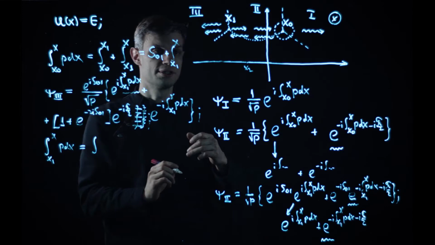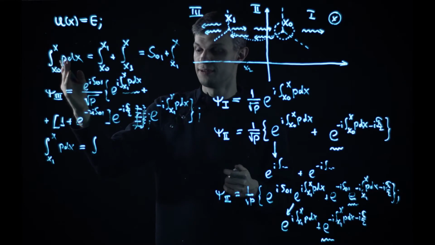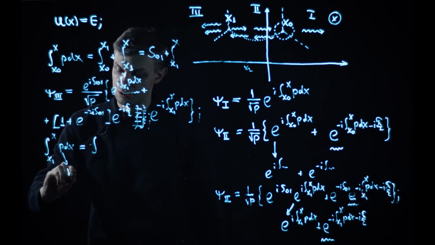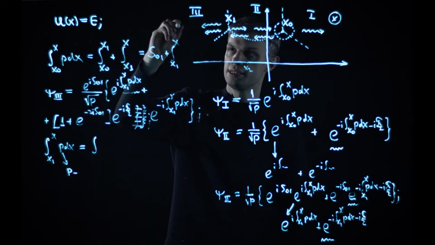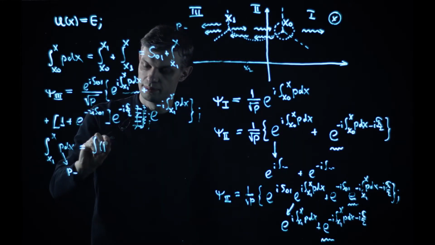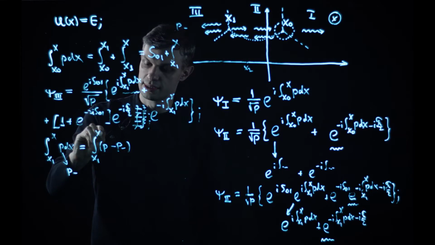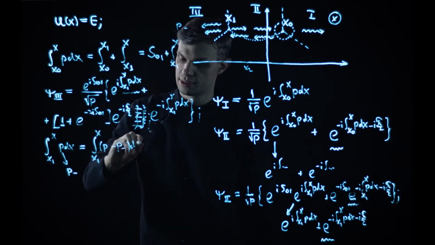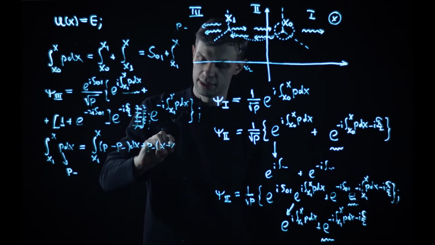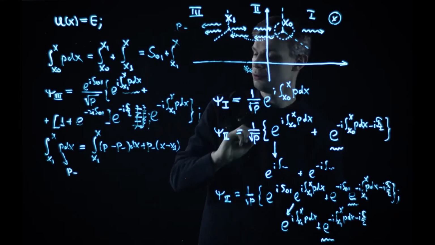And well, suppose the potential function decays at plus and minus infinity, and the momentum asymptotically is turned into momentum p minus here at minus infinity. So we split this integral into the integral of p minus from x1 to x dx plus p minus x minus x1. Oh, sorry, we don't actually need this additional point x2.